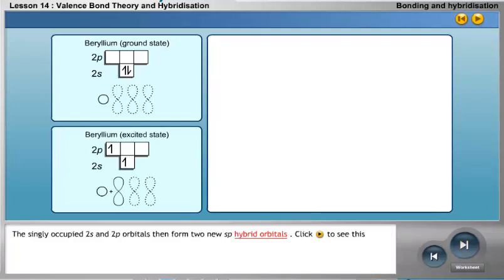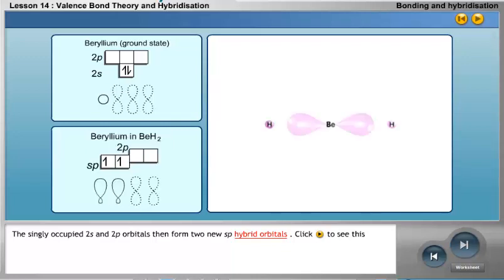The singly occupied 2s and 2p orbitals then form two new sp hybrid orbitals. Click the forward button to see this. The sp hybrid orbitals of beryllium will have a linear arrangement.